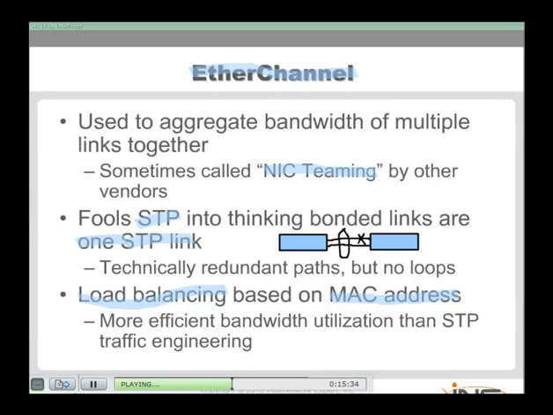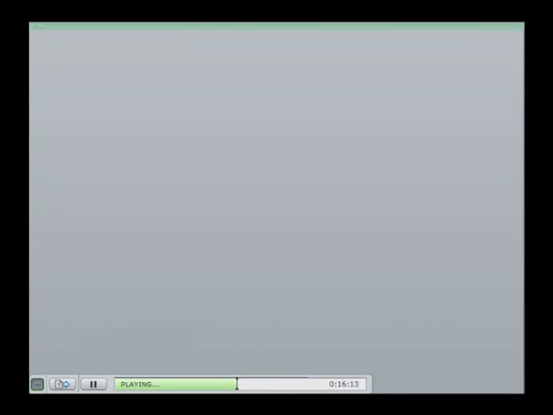But we as network designers can implement it where we use something other than destination MAC address. Perhaps in our design, it's going to be more appropriate to load balance based on the layer 3 IP address. Maybe you want to use a more sophisticated combination of MAC and IP. Maybe you want to use just the destination IP or just the source IP address. On your different platforms, you're going to have different options for the load balancing configuration.